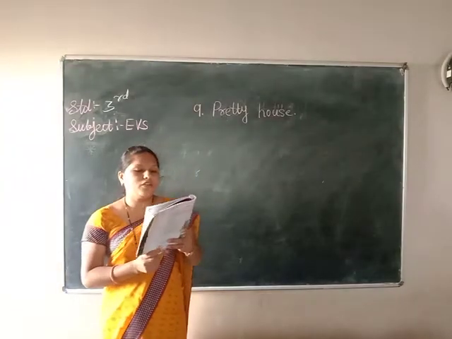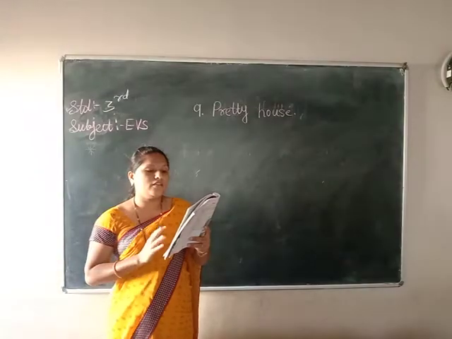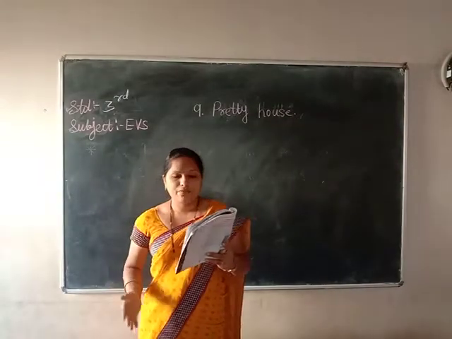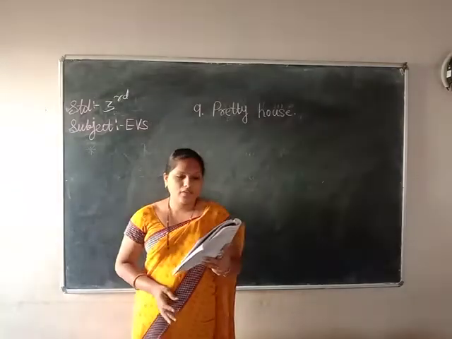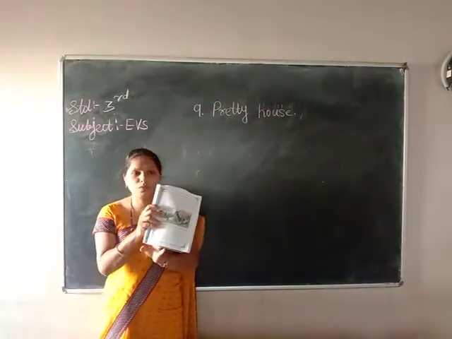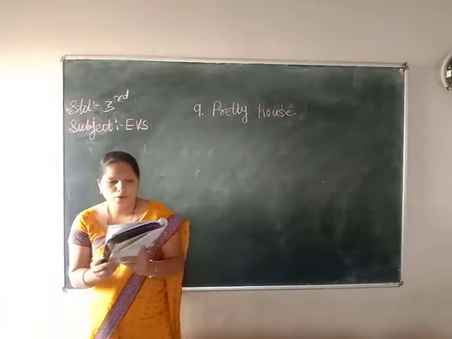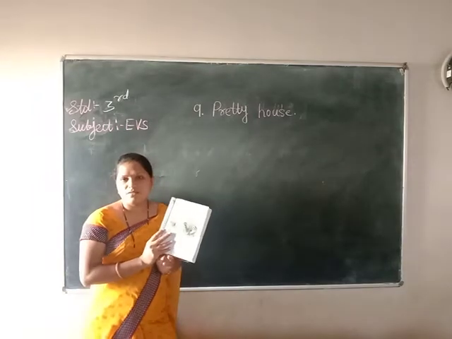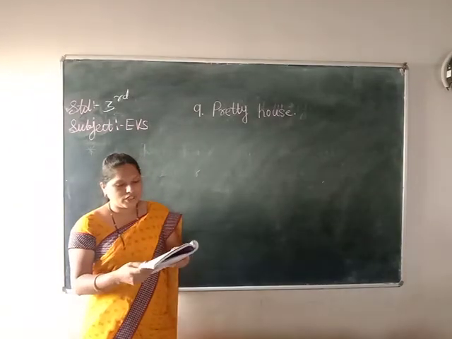See, in the first picture, it is very neat and clean. The garden is very neat and clean. There is a gate and a way to go inside. The windows and doors are available in this house. Big window and big door. But in the second picture, what is happening here, children?